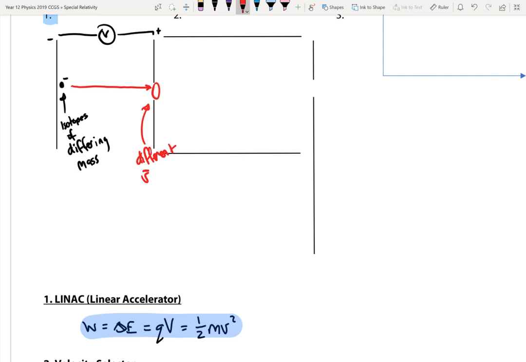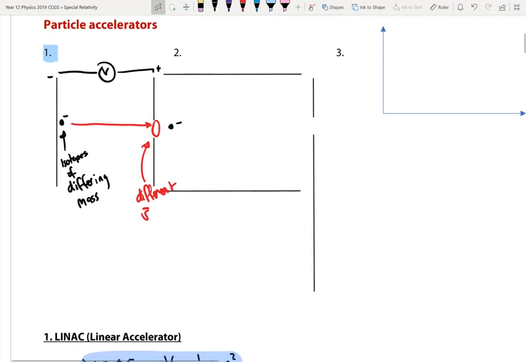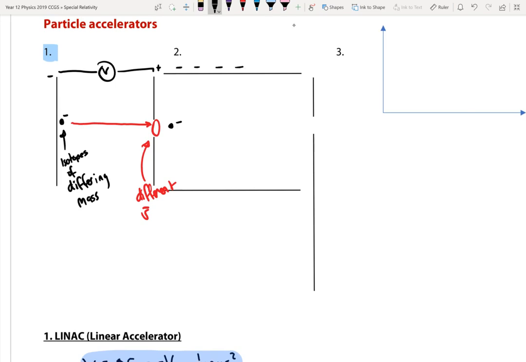Good. So, in section 2, here is our charged particle. Well, first off, let's try and bend our particle, let's just say downwards, by establishing another. In fact, I'm going to go the other way. Let's try and bend this bad boy upwards by creating a voltage across these plates.